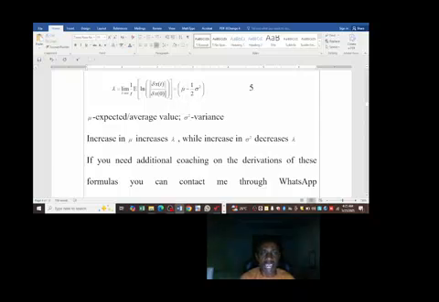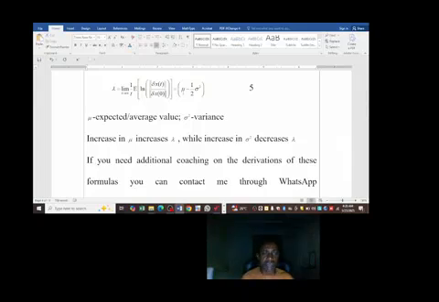Though this formula is derived from the SDE using Ito calculus, Ito's lemma, and Taylor series expansion. This is the summarized formula: mu minus half of variance. So if you have a time series, you obtain the expected value, that is the average value, then you obtain the variance. Then you divide the variance by 2 and subtract it from the average value, and you have your Lyapunov exponent.